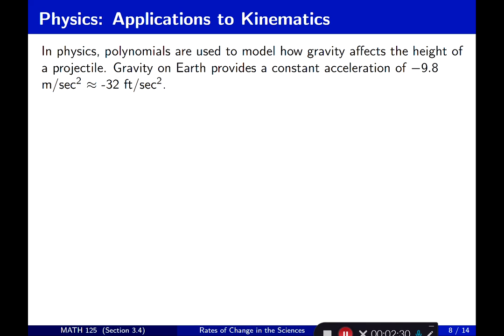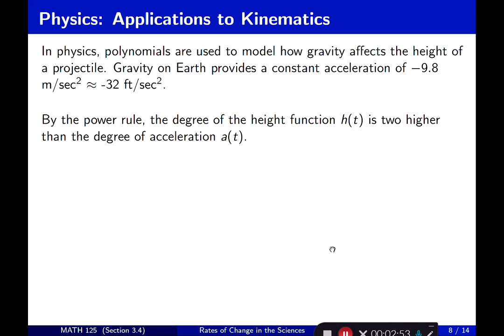Gravity on Earth provides a constant acceleration of negative 9.8 meters per second squared, something you have heard before, and that's approximately negative 32 feet per second squared.